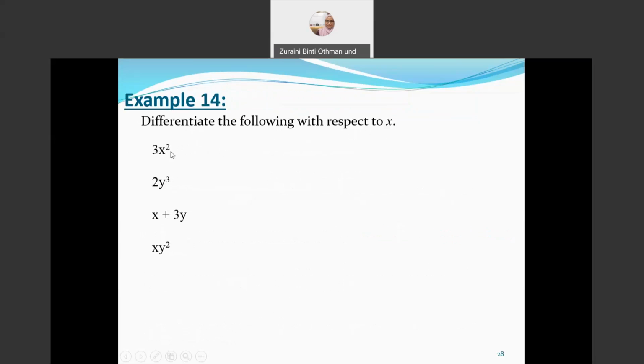Previously we learned that if we have 3x squared, we can answer it by bringing the power to the front.